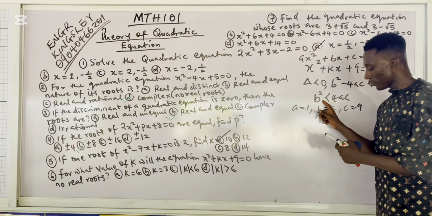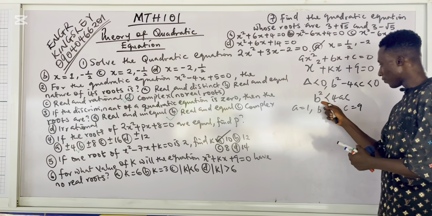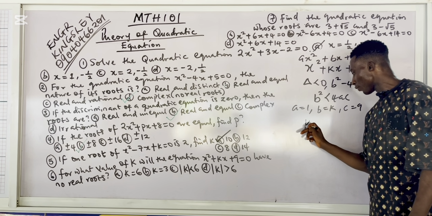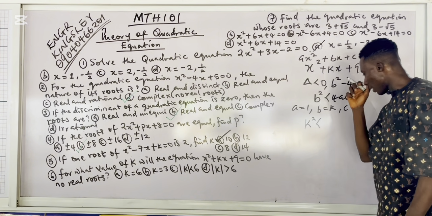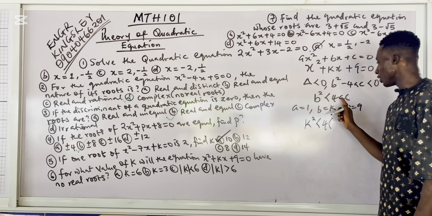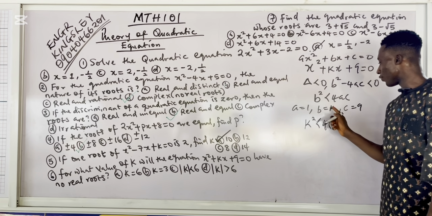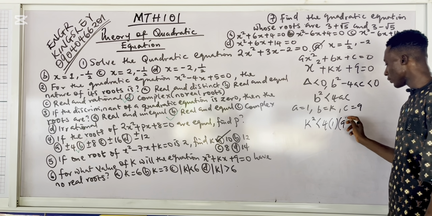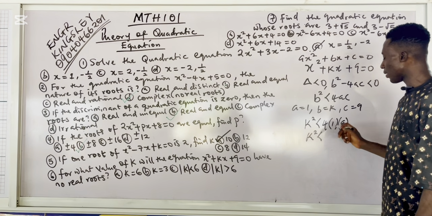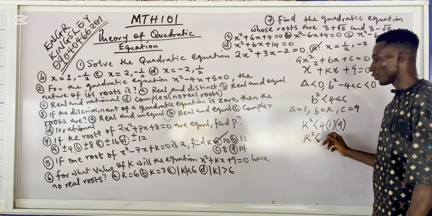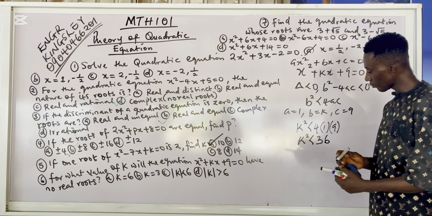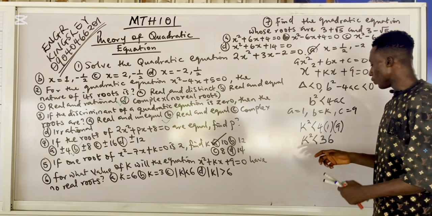So substituting in this expression, b being k, we now have k squared less than 4, where the value of a is 1 and the value of c is 9. So I will now have that k squared is less than 4 times 9, which gives us 36.